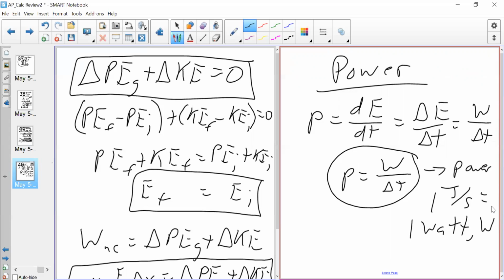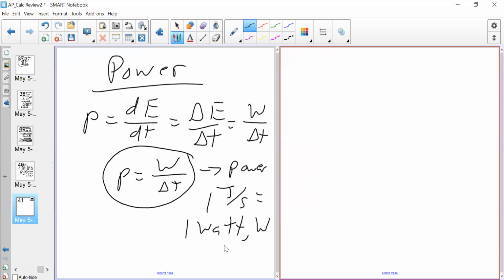Units of power. So they go on, and they do their little magic stuff over here, and summarize it, of course. And we have power is work over time interval.